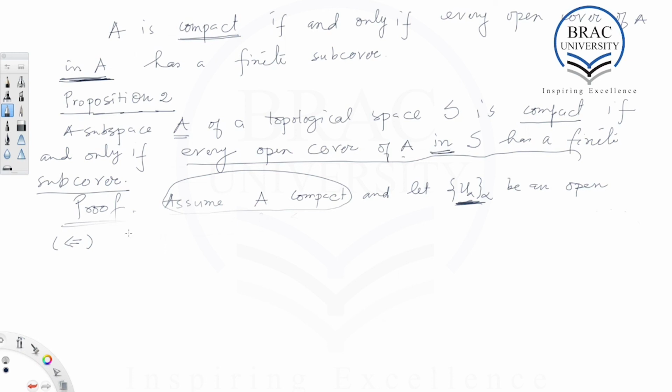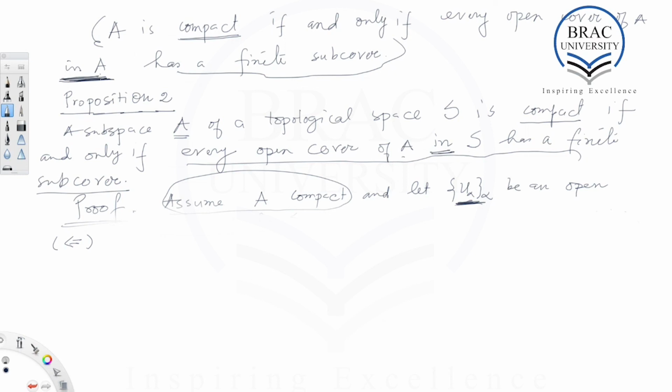So that's the assumption now, and we have to prove that A is compact. In order for us to prove that A is compact, we have to use the definition of compactness that we have here. So we'll take an open cover of A in A, and then prove that open cover has a finite subcover.